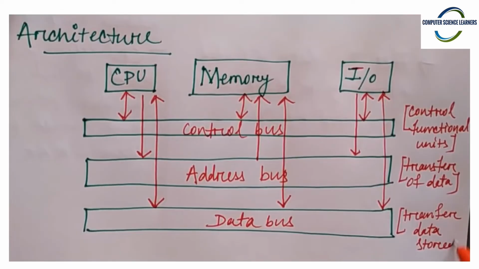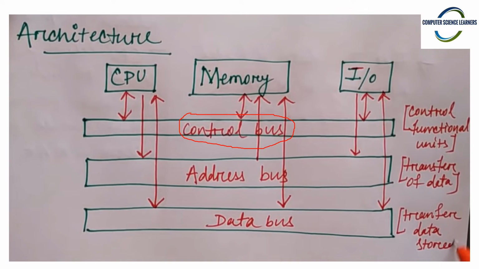So this is the architecture. What we have here is CPU, memory, and input-output devices. And we have three different types of buses that you can see here. One is the control bus. This control bus is required to send the control signals from the control unit to the other units in the system.